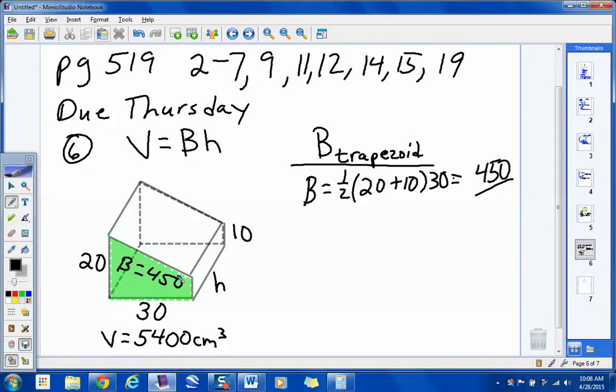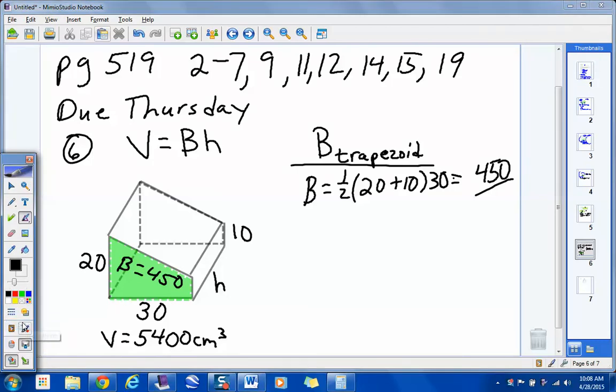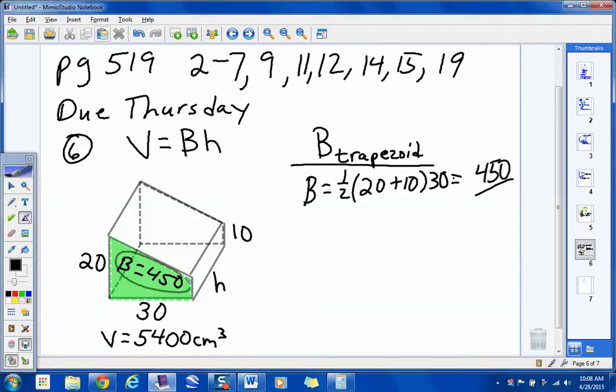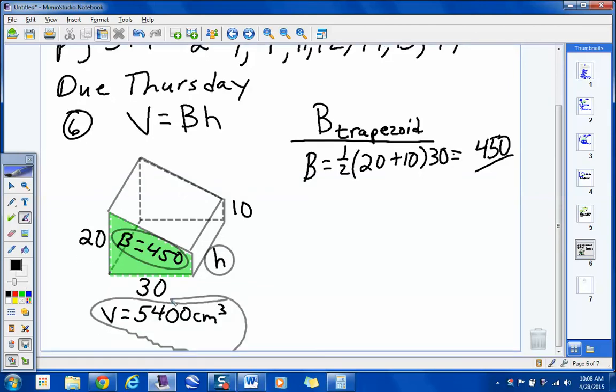Okay? So what this implies is this. This implies that I should be able to take this value, 450, times this height right here, and it should equal what volume? 5,400. Okay, so let's go back to this general formula, which says the volume is equal to the area of the base times the height.